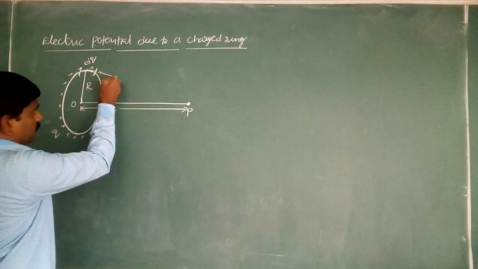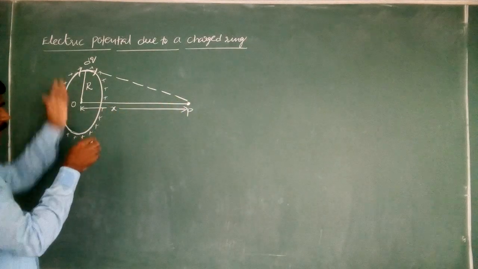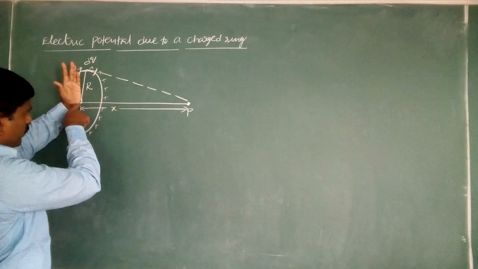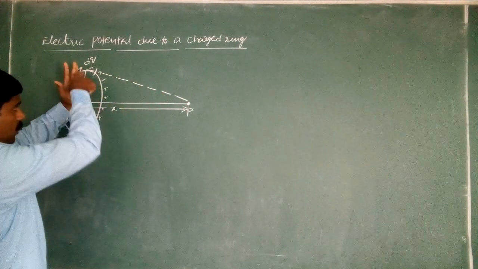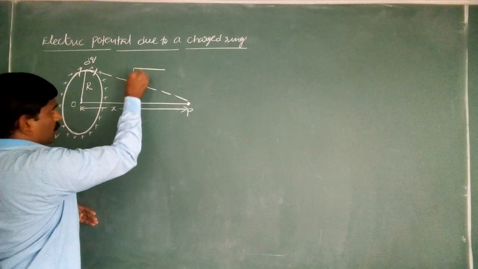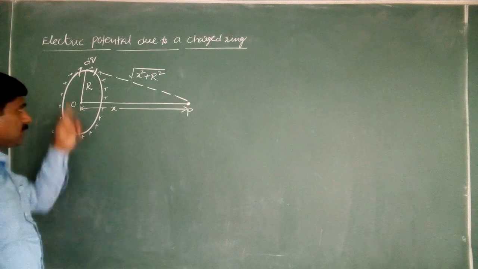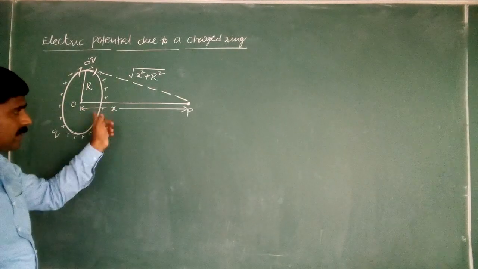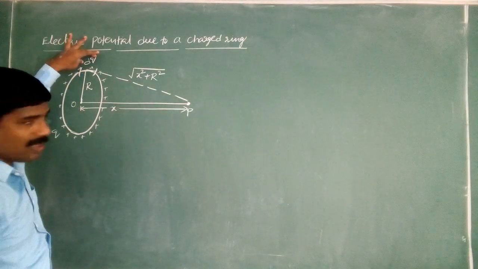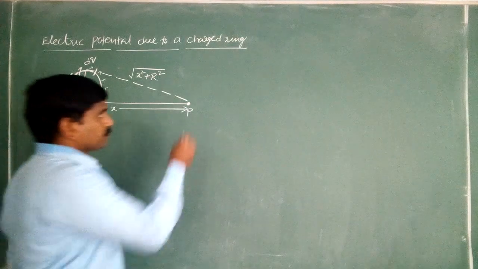This is a right angle triangle, where these two sides are perpendicular to each other and this one is the hypotenuse. Distance is equal to square root of x square plus r square, where x is the distance along the axis and r is the radius.